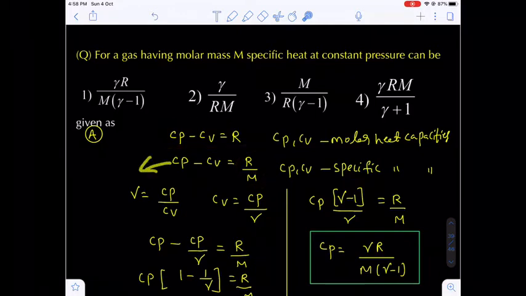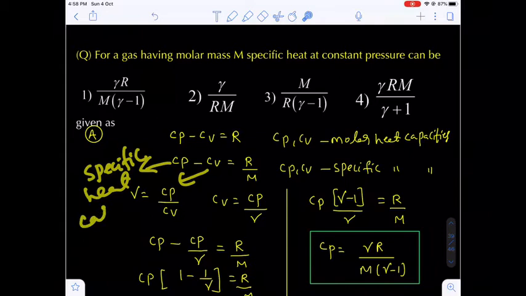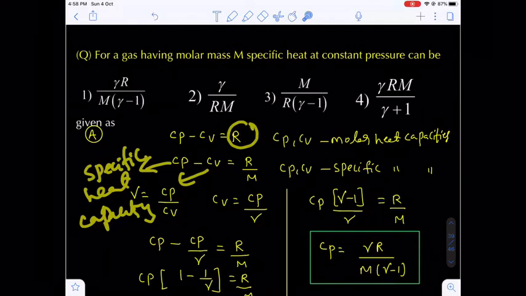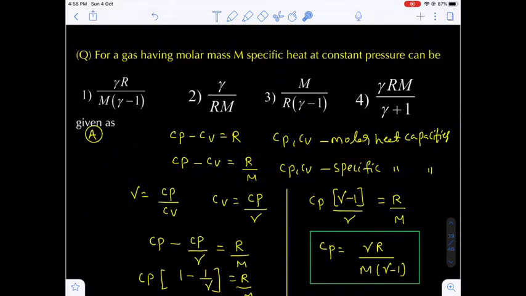So this small cp and small cv correspond to specific heat capacity, not the molar heat capacity. If you take capital R only, that is molar heat capacity. If capital R is divided by molar mass, that corresponds to specific heat capacity, that is, corresponding to 1 gram of ideal gas.